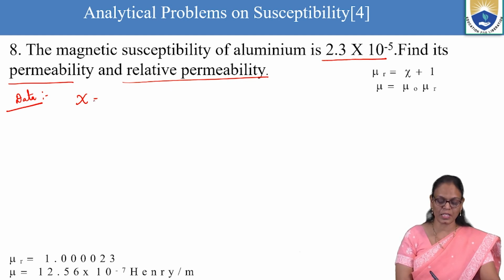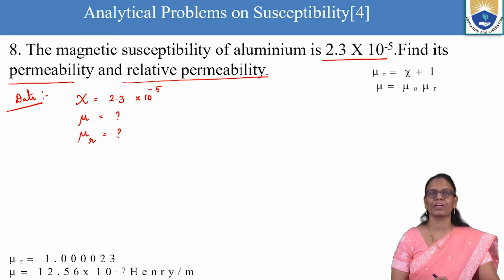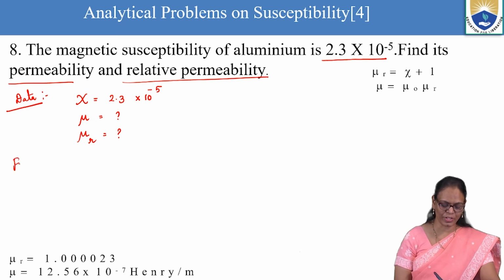We are talking about the susceptibility of magnetic materials. So 2.3 into 10 power minus 5 is the susceptibility. We have to find mu. We also have to find mu r. Both we have to find. So which formula are we going to use? Mu r is equal to chi plus 1.